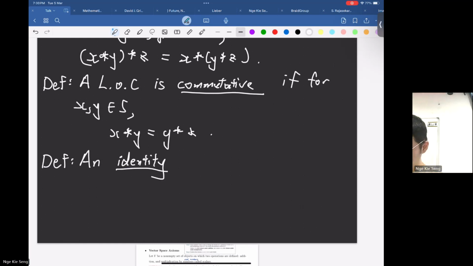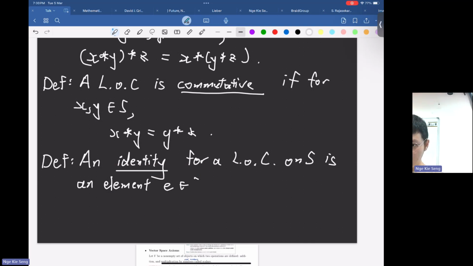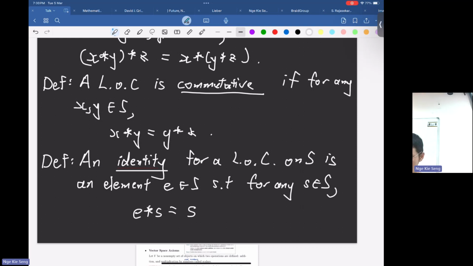So an identity for a law of composition on X is an element, usually we call it E, such that for any X in X, E composed with X should return X, and also X composed with E should return X. So the identity element is the one that when you compose with everything, you give back yourself. What is the identity? Does it make sense?